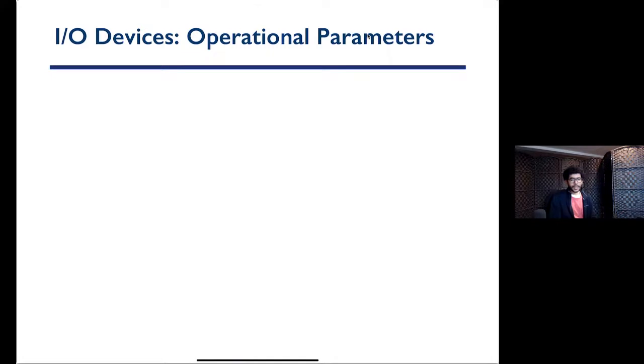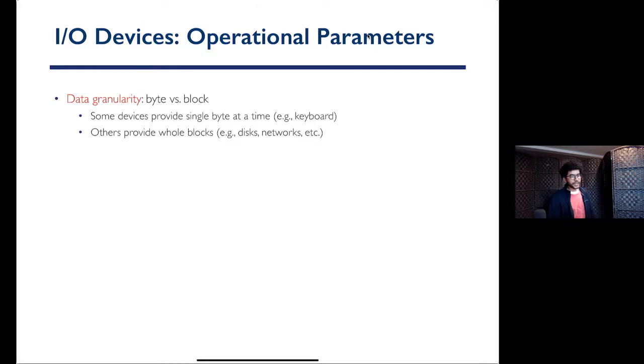Now, let's talk about different aspects of I/O devices and how they're impacting us as operating system. The first one is the granularity of data. How are we talking to our devices? Some devices, you can talk to them byte by byte, so you can read write 1 byte at a time.